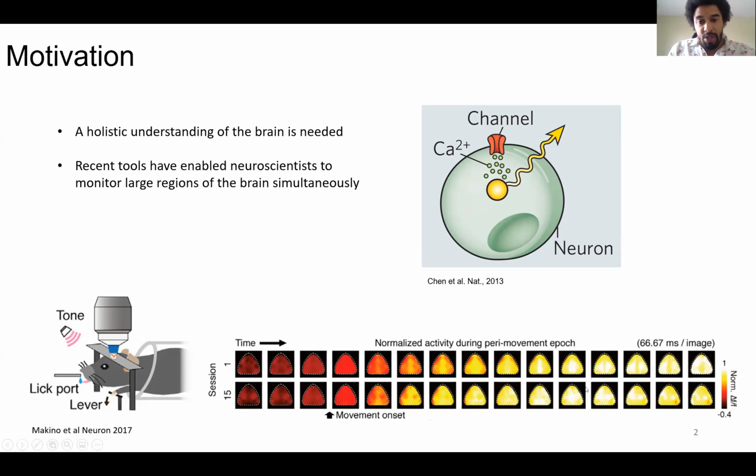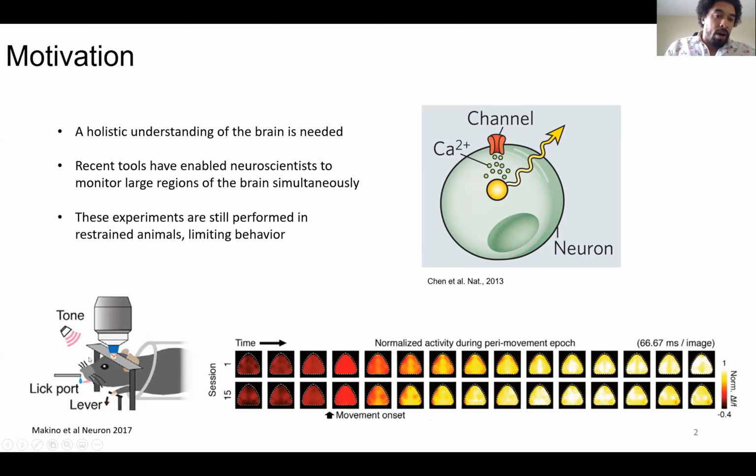We've discovered these changes in activity across the cortex as the mice learn to perform the task. But all such investigations into mesoscale cortical activity are always performed in restrained animals, which significantly limits the behaviors for which you can investigate changes in mesoscale calcium dynamics.